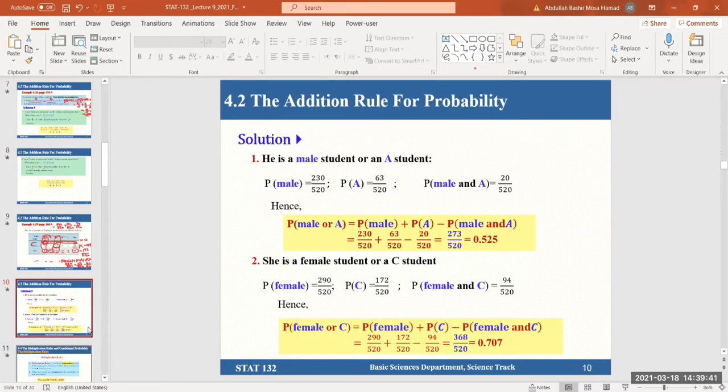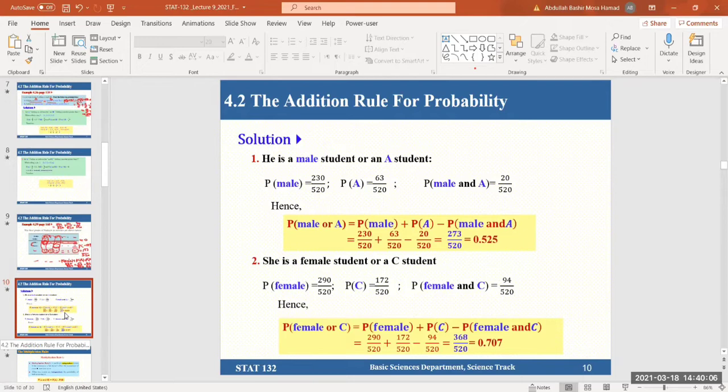What does that mean, doctor? That means these two events cannot occur together. If two events cannot occur together, we call them mutually exclusive events. For example, a student cannot study in two tracks. A student cannot study in two colleges. Right? This is mutually exclusive.